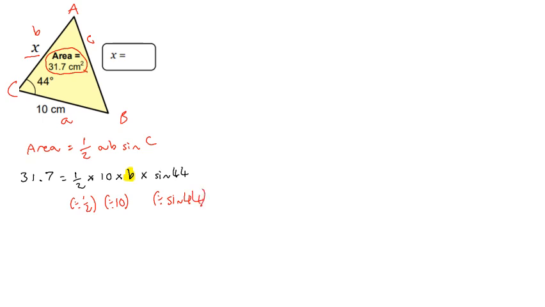So into my calculator now, I type in 31.7 divided by 1/2 divided by 10 divided by sine 44, and then when I do that I get this, 9.1267 equals B. So finally I'm just going to round that to 2 decimal places, so B is 9.13 centimetres.